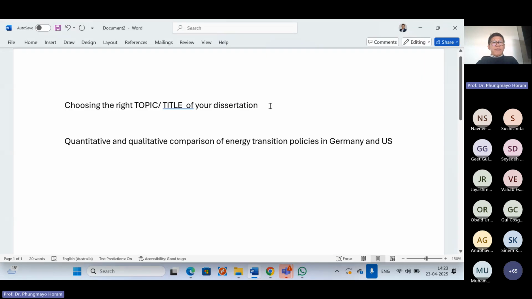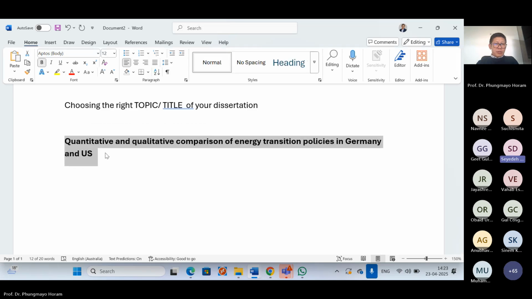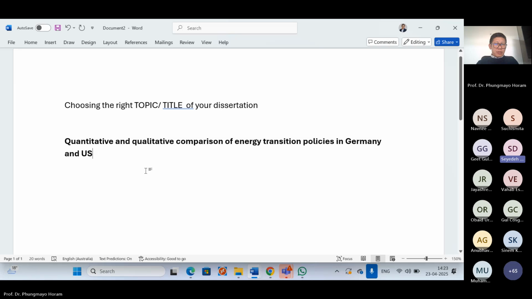Now, can everyone see this? But I have another part at the end, focusing on factors influencing renewable energy share. Okay.